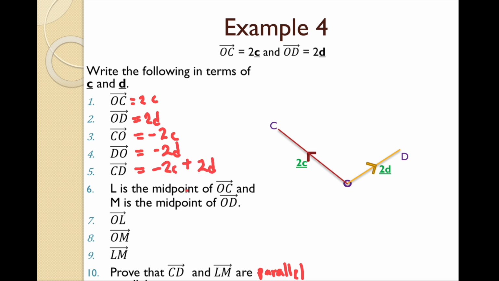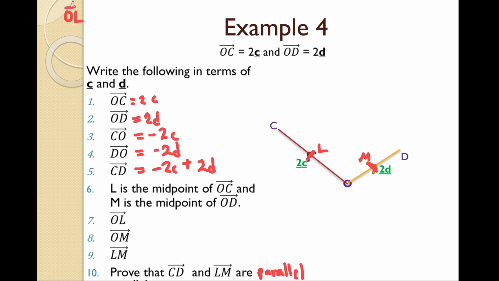Now they say L is the midpoint of OC. So L is the midpoint of OC, and I would guess that here is L. M is the midpoint of OD, so the midpoint from here is M. Now what is O to L? What do you think O to L is?